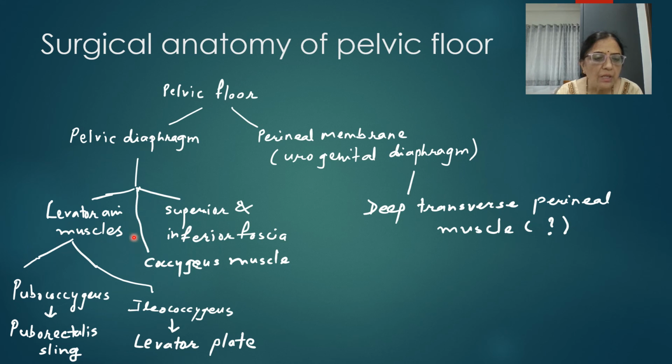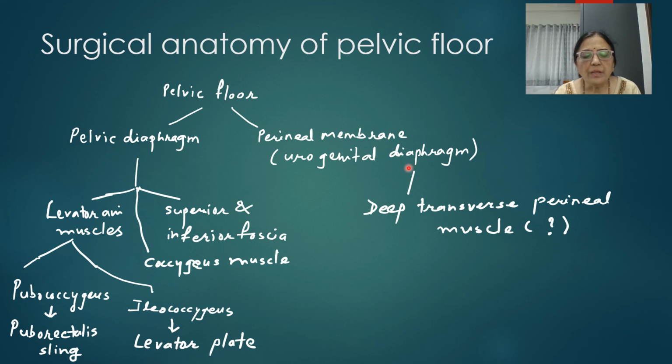Levator muscles have mainly two components, pubococcygeus and iliococcygeus. Pubococcygeus has the slings: pubourethral sling, pubovaginal sling, and puborectalis sling, whereas the iliococcygeus muscles merge with each other behind the rectum, between rectum and coccyx, and together in the midline form a fibrous structure called the levator plate.